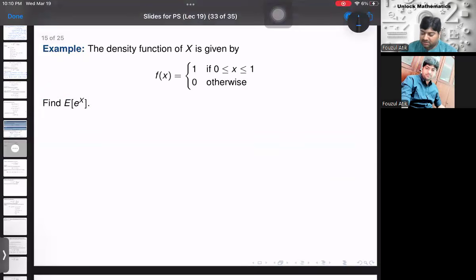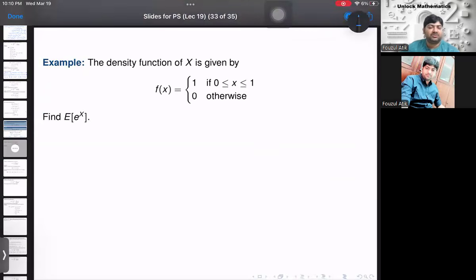Okay, now just one application of this previous theorem. f(x) is given, and you have to find the expectation of e to the power x. This is very, very easy. It is equal to the integral from 0 to 1 of e to the power x f(x) dx.